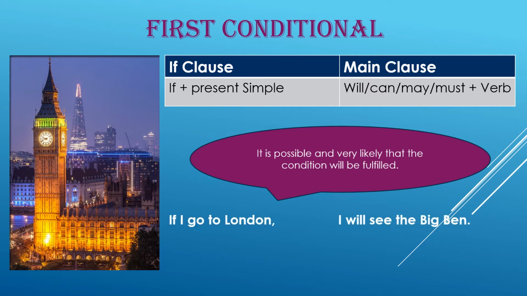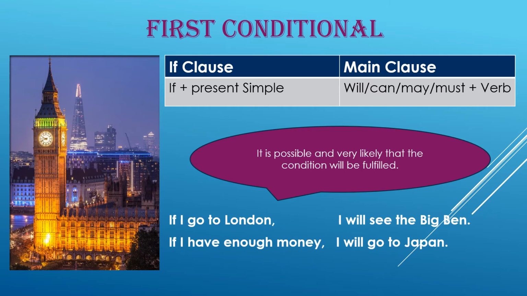So we can say, if I go to London, I will see the Big Ben. You see, the if clause or the subordinate clause is in the simple present tense and the main clause is in future tense.